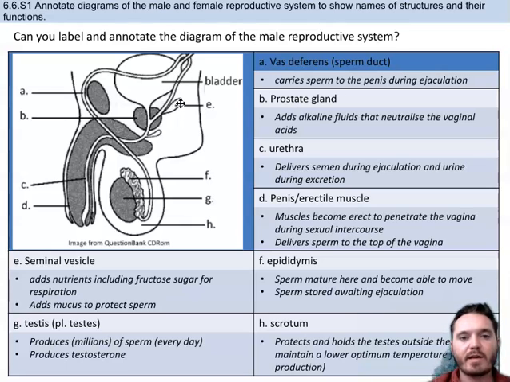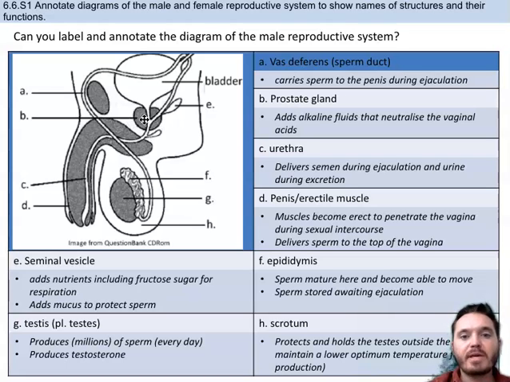Okay, and then we end up over here with E, which is the seminal vesicle. The seminal vesicle actually adds nutrients, including fructose sugar, to provide energy for the sperm so that they can continue swimming. And then the bladder is actually connected to all of this as well. This is also where the urine would come out from.